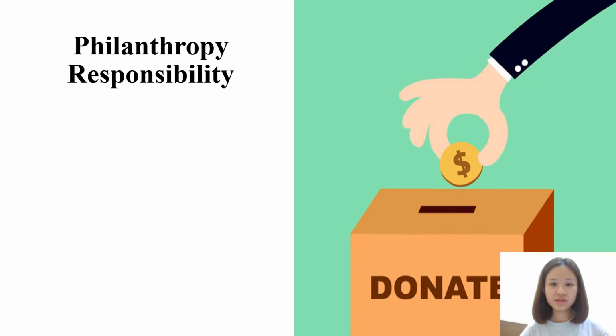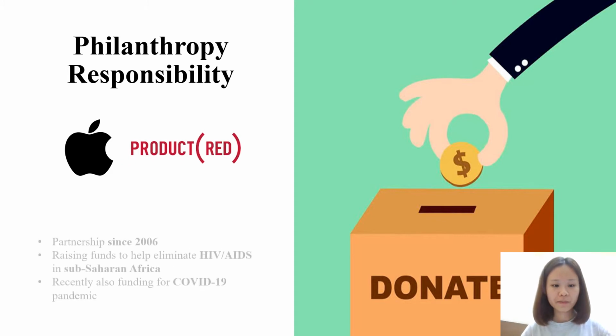Philanthropic responsibility in Carroll's CSR pyramid involves the donation of money, goods, or even services to society. There is no doubt that Apple is fulfilling its global philanthropic responsibility throughout its business operation through its partnership with Product Red.